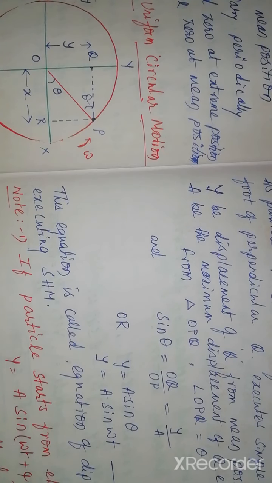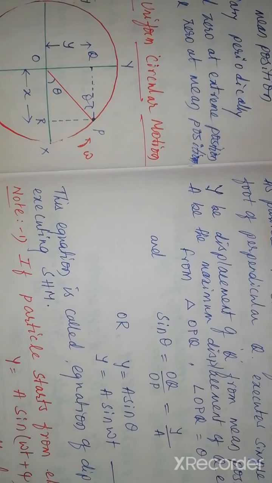So y equals A sine omega t is an equation of simple harmonic motion, though the particle is executing uniform circular motion, on taking the foot of perpendicular on any of the diameters. This equation is called the equation of displacement for a particle executing SHM.